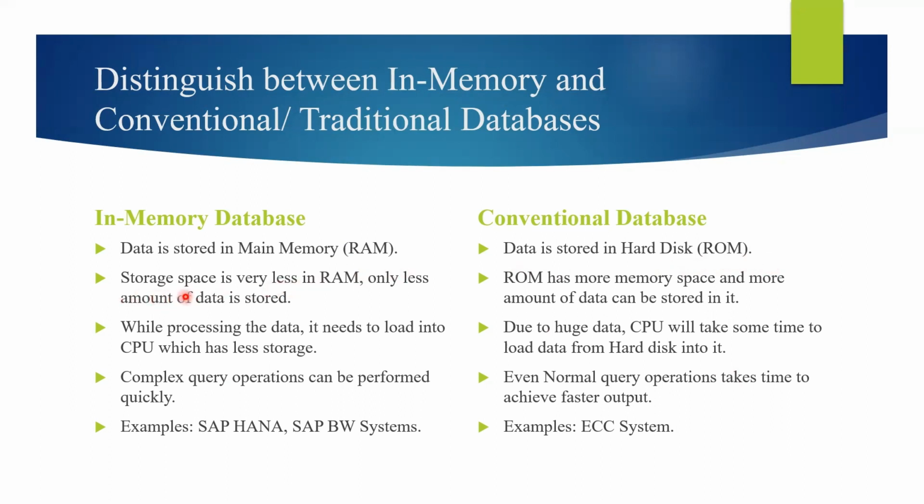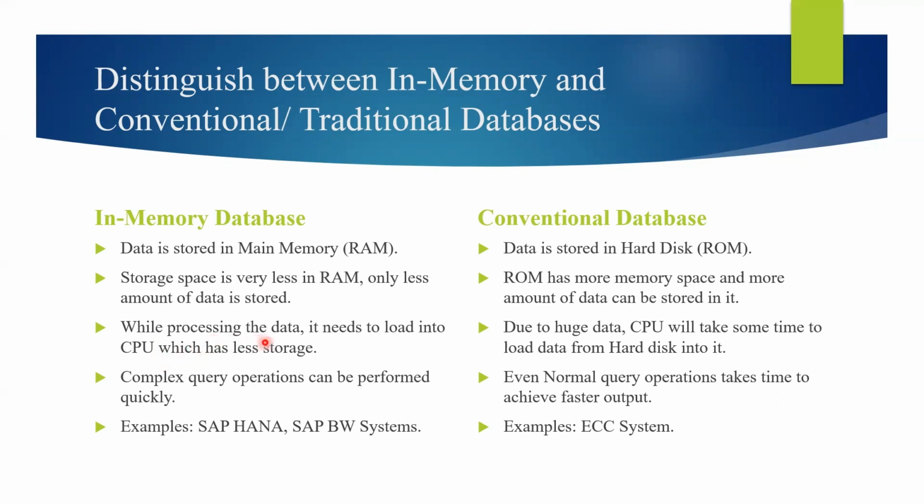Since the storage space is very less in RAM, only a small amount of data can be stored. But in case of conventional database, ROM has more memory space and so more data can be stored in it. As CPU has less memory space and data should be processed through CPU itself, the data stored in RAM will load into CPU.